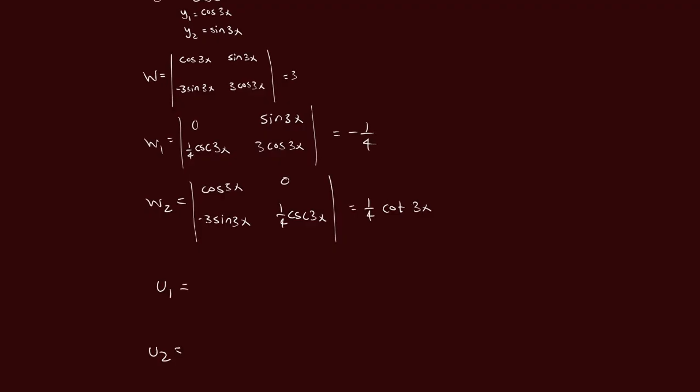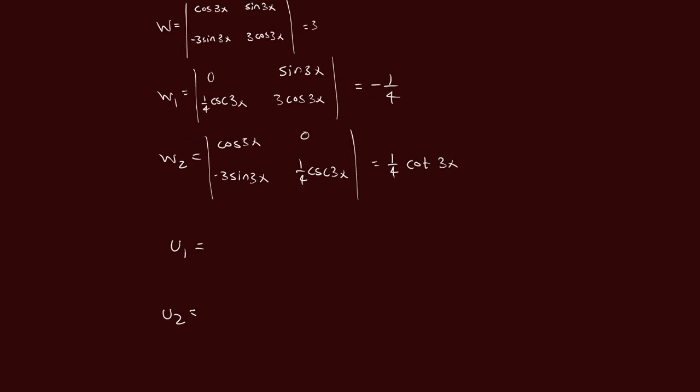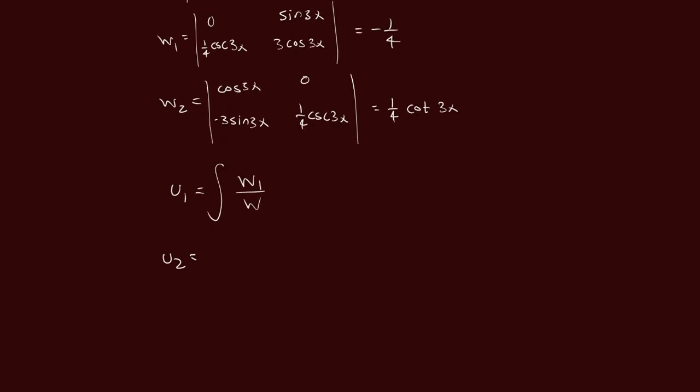Okay, so now we have to find u1 and u2. u1 is equal to the integral of w1 over w, and u2 is equal to the integral of w2 over w, with respect to x. So for u1, it's going to be the integral of minus 1 over 4 all over 3 dx, which is equal to minus 1 over 12 x.